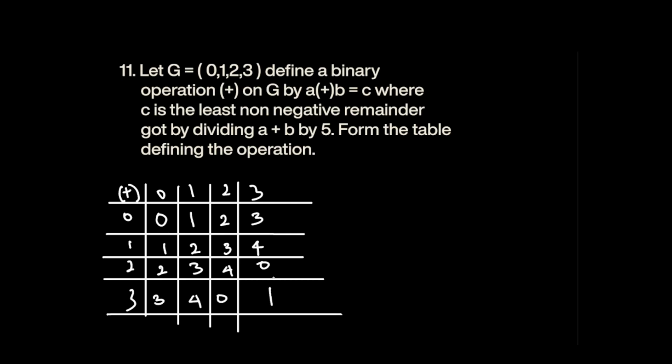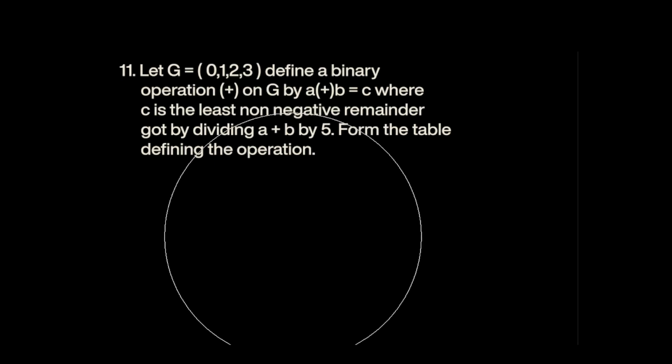So I want to believe that now you understand the aspect of operation table, which is the second part of the topic that you need to know. All right, so let's move on to the next heading, and that is operations and algebraic laws.